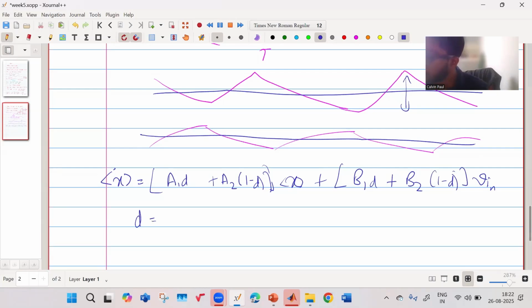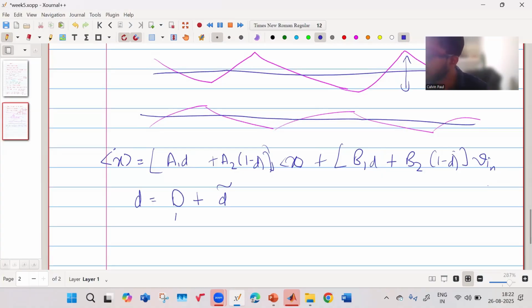Then for the small d, you add the capital D and your d perturbation. So this is your DC component and this is your AC component. Similarly, in your X also, you have an X steady state DC operating point and your X perturbation.